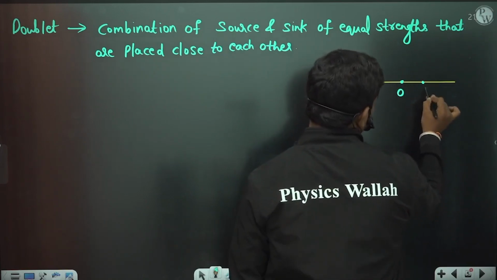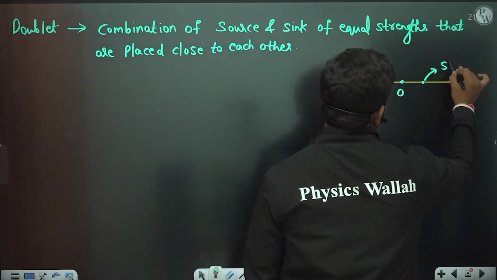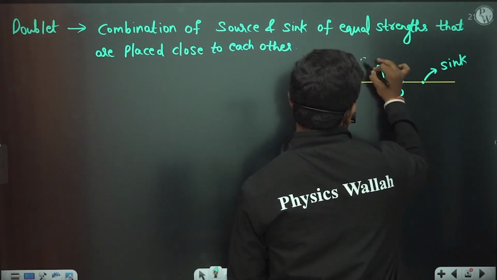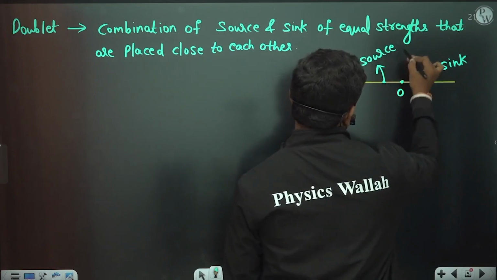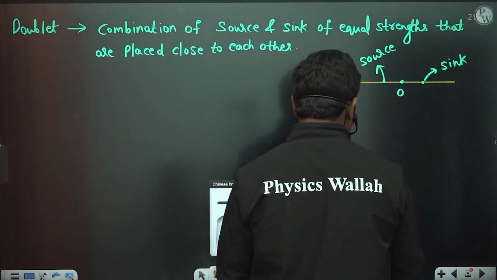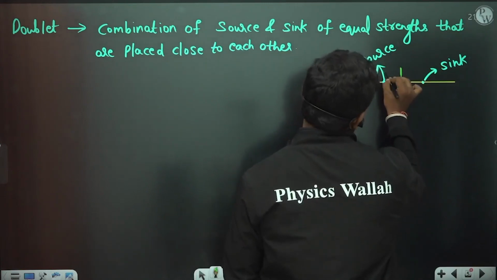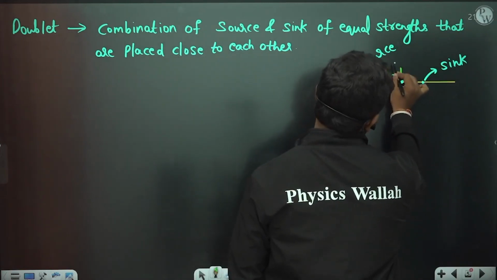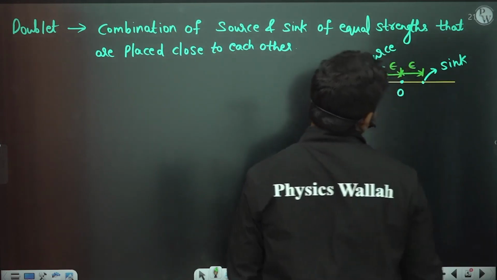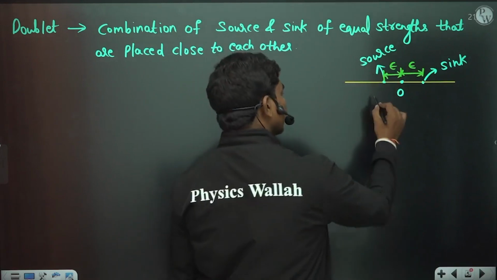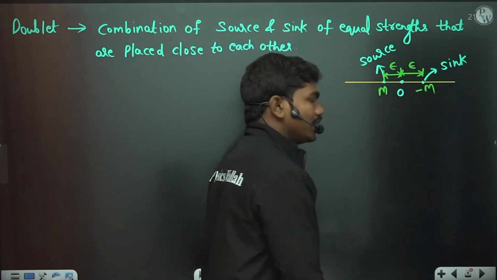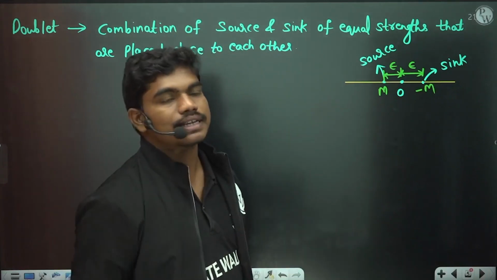Here we have a sink, and here we have a source, and this length we have taken as some small length epsilon. Similarly, this is also some small epsilon. The strengths of both source and sink are equal. This is plus m and this is minus m, for example. The minus is because the sink can actually take in the fluid.